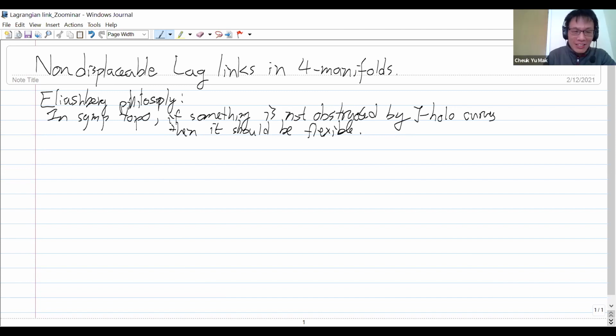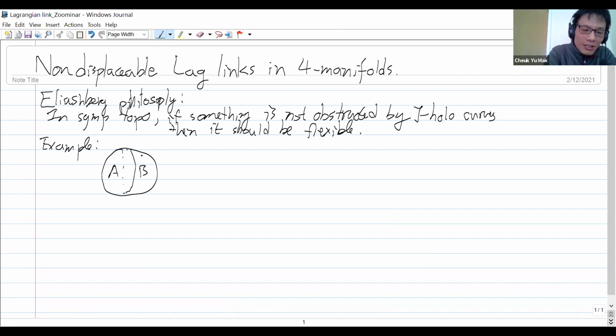So first of all, this sentence doesn't have a very precise and rigorous meaning. We try to understand this by example, or try to say that it is wrong by giving a counterexample. Let me first give an example to support this philosophy. This is the simplest example for people who learn Lagrangian Floer theory.